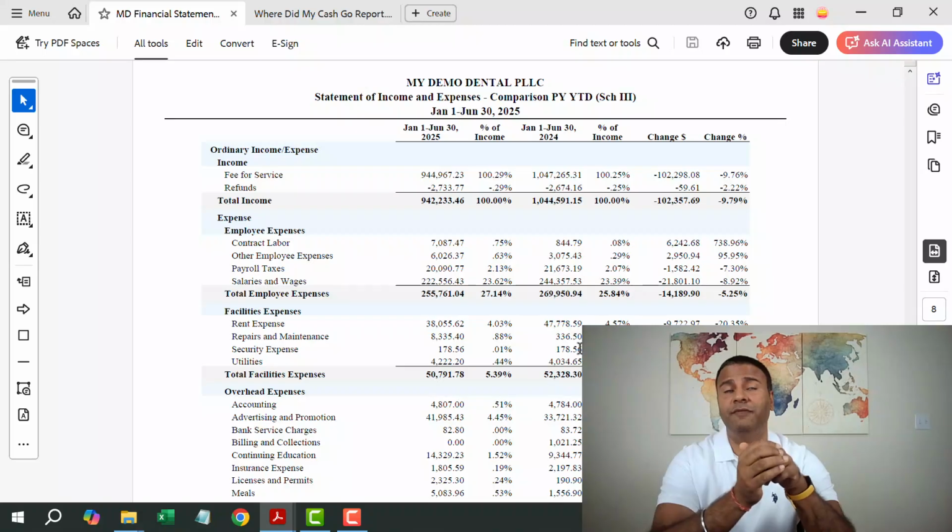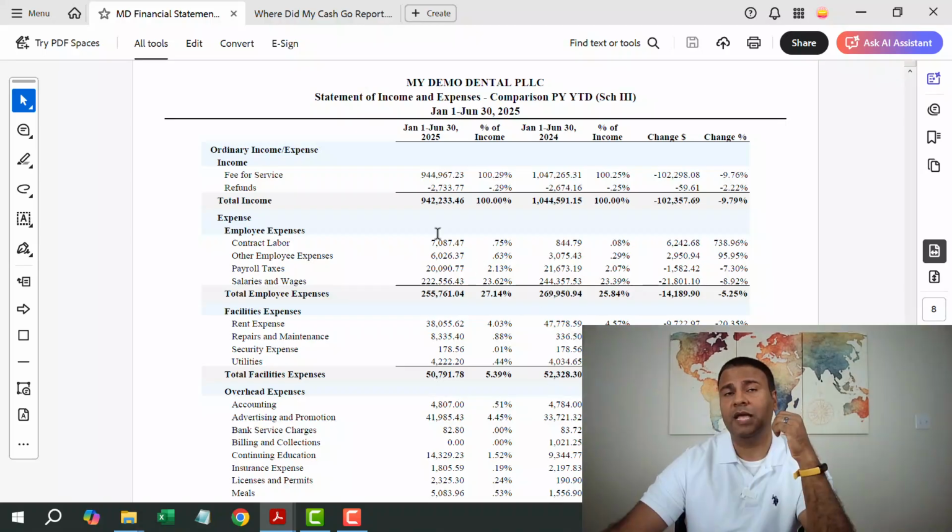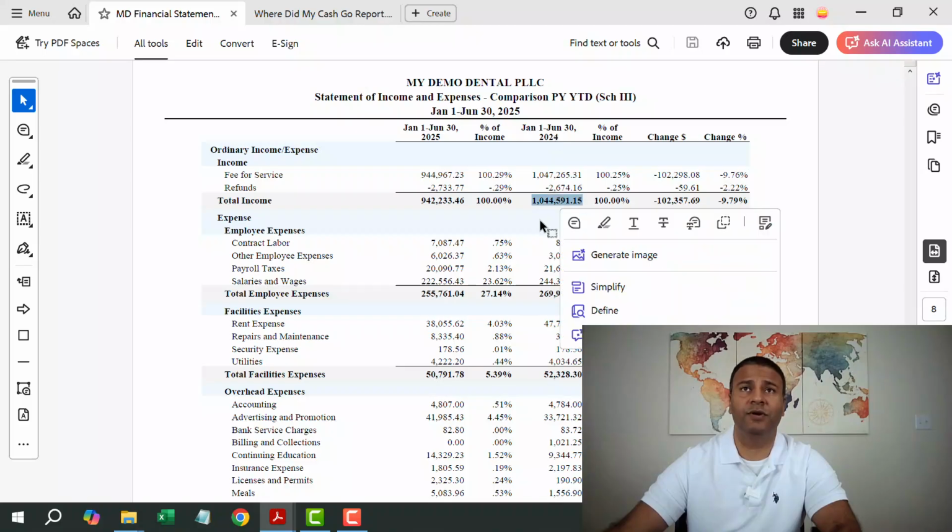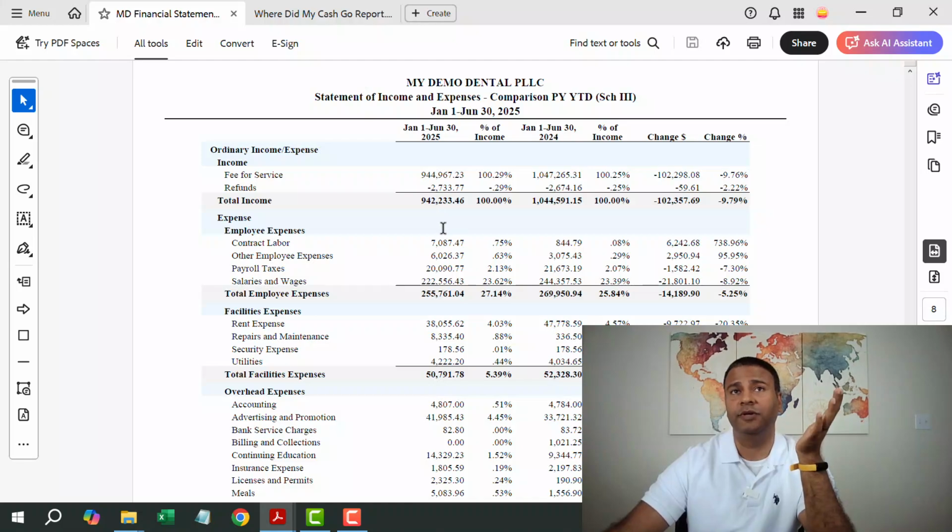Okay. And then we have this report, which shows you how your income and expenses are this year to date compared to last year to date for the same period. This one is telling us that last year, January through June 30th, 2024, the collections were $1.04 million, but this year in 2025, the collections are $942,000.